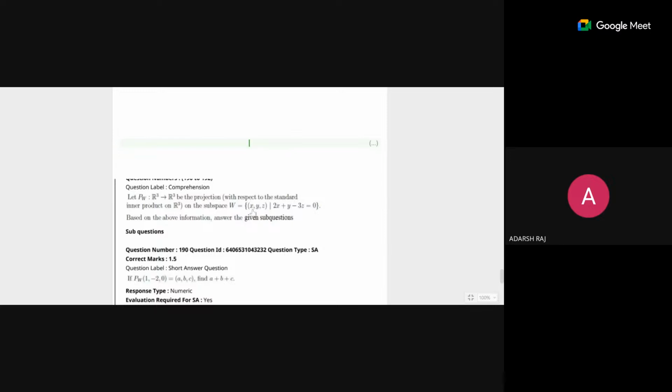So how to calculate the basis for this W? We take y equal to 3z minus 2x. So here we have the equation 2x plus y minus 3z.